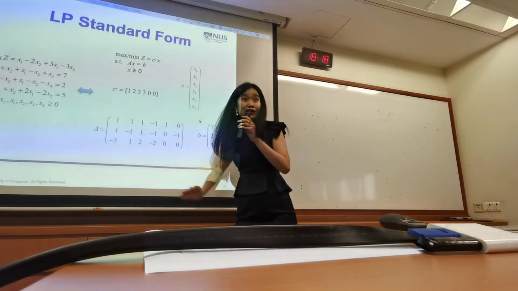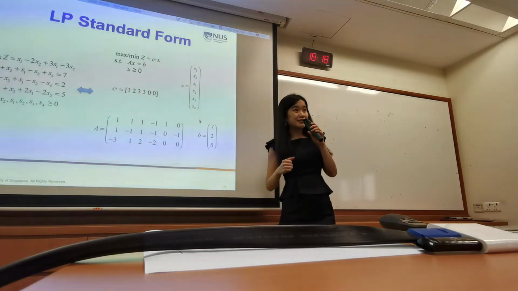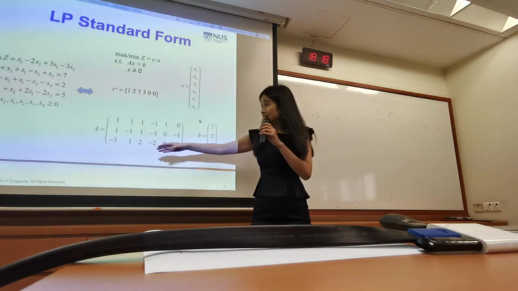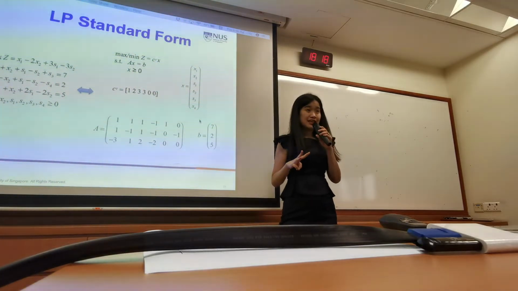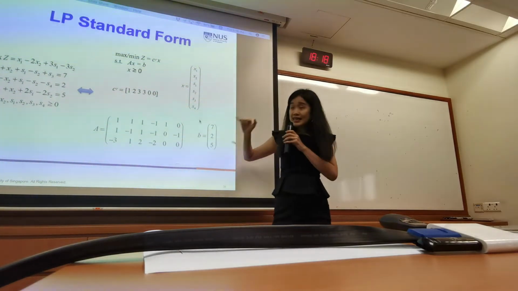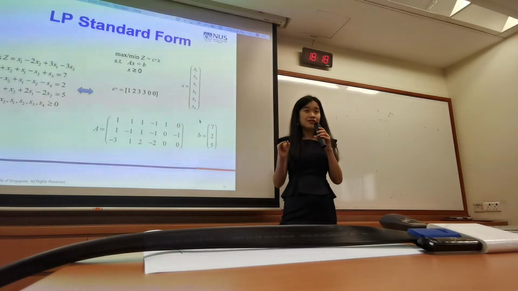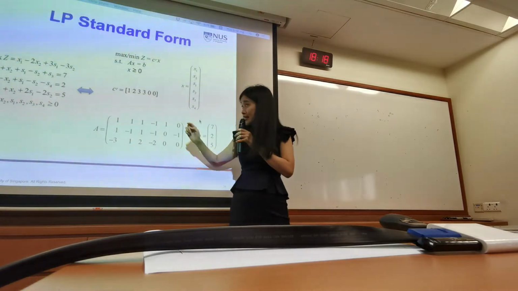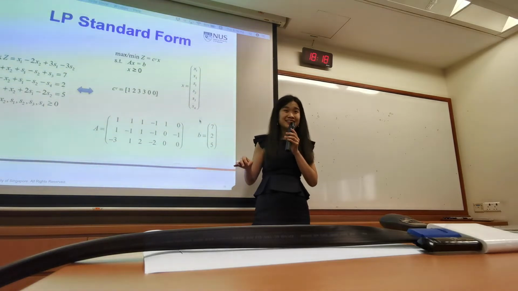And then the dimension of A will be decided by how many constraints you have, in rows. I have 3 constraints, so I have 3 rows. And for each row, because I have 6 decision variables from x and s, I have 6 columns.